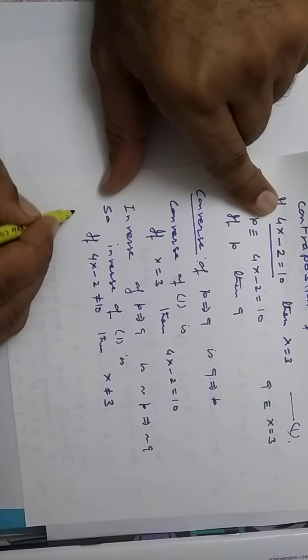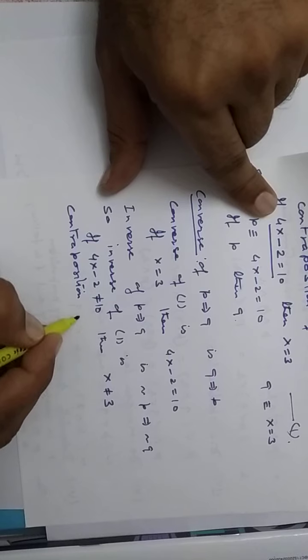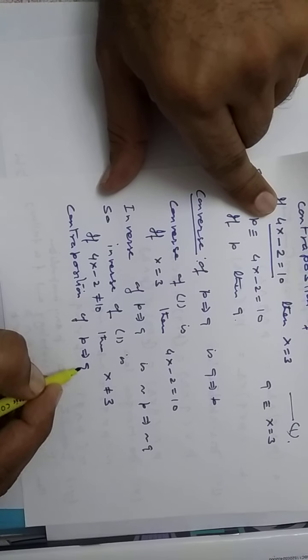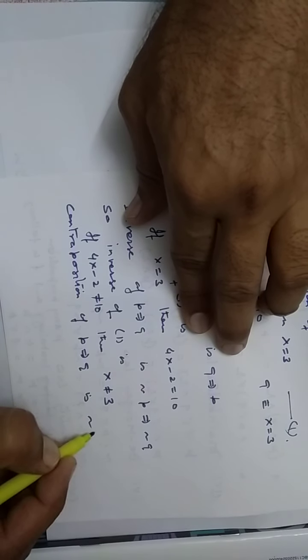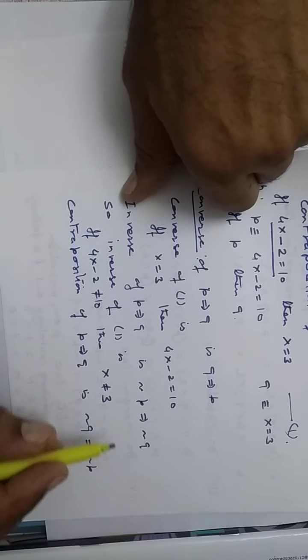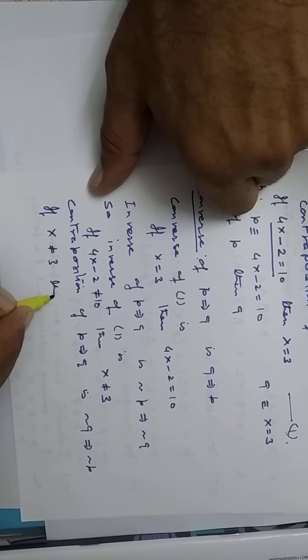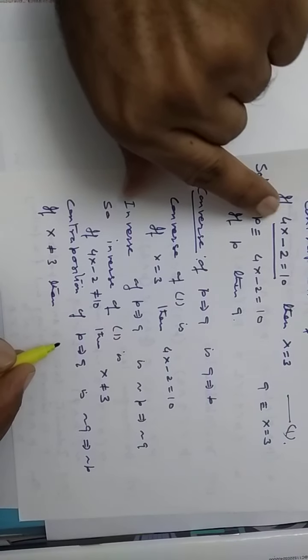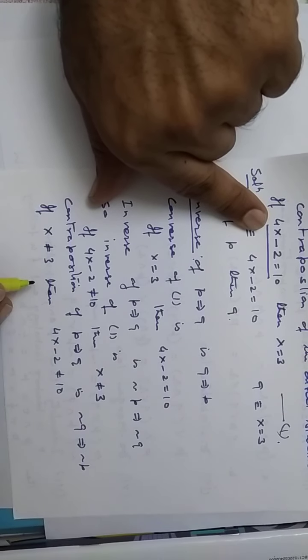Contraposition. The contrapositive of P implies Q is negation of Q implies negation of P. Q is x equal to 3, so negation of Q is x is not equal to 3, then negation of P: 4x minus 2 is not equal to 10.